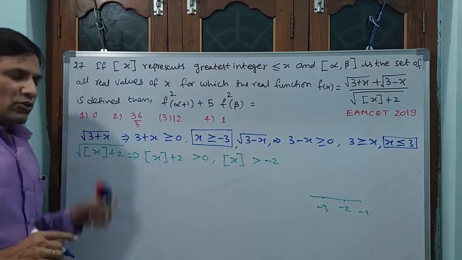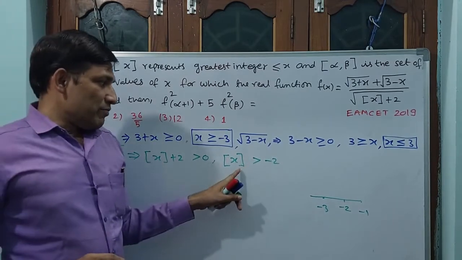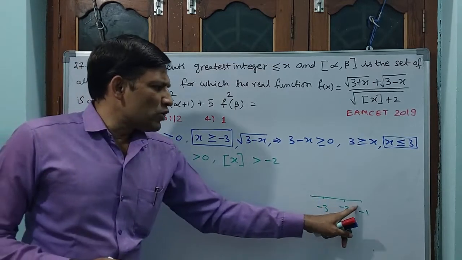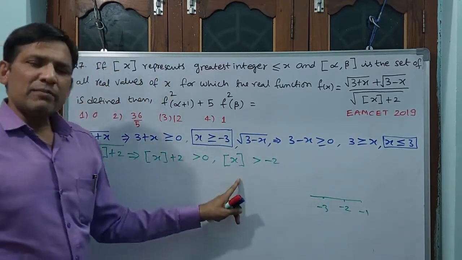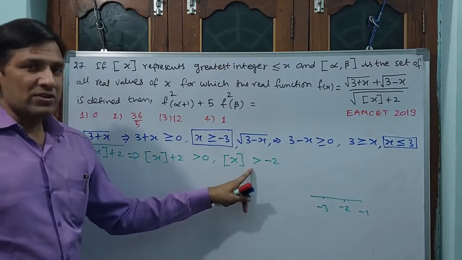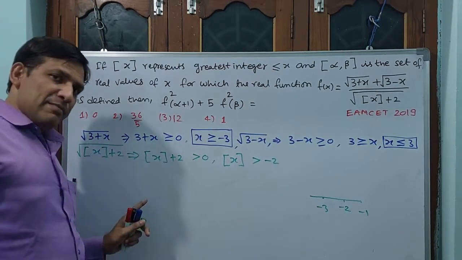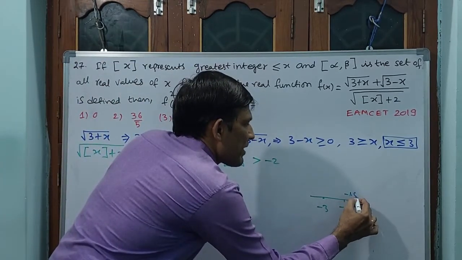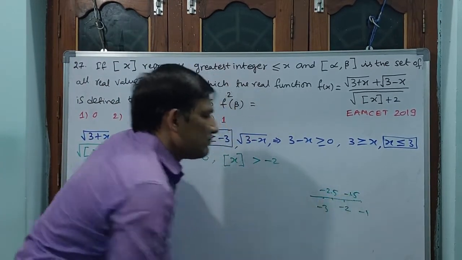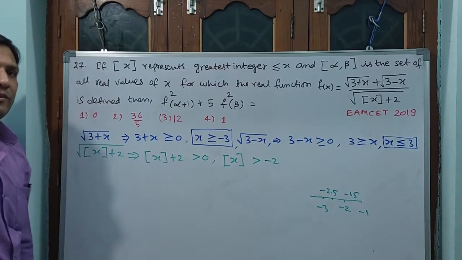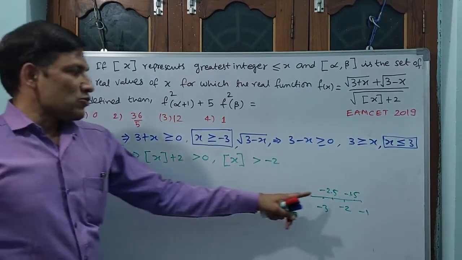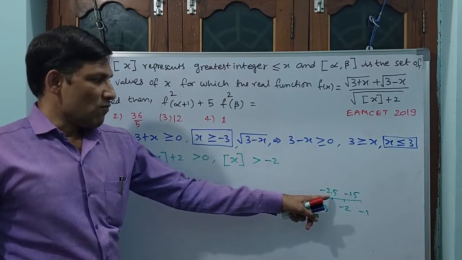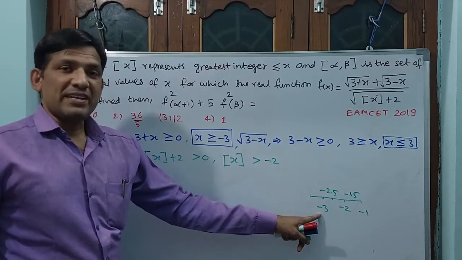You consider first, the greatest integer x should be greater than minus 2. You take only 2 points, that's all. If you take minus 2, but here equal to is not there. That is why you take less than minus 2 and greater than minus 2. See what I am going to do. I will take minus 1.5 and I will take minus 2.5. If I take minus 2.5, that is going to become minus 3.